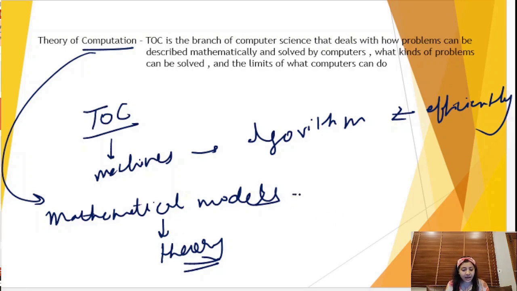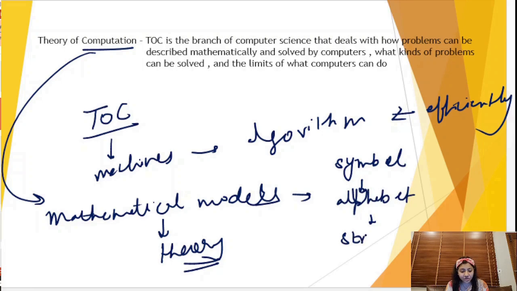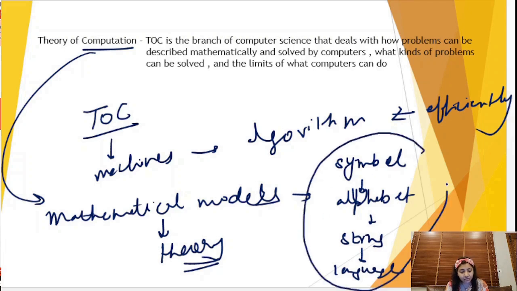So in TOC we have basic building blocks on which the entire subject is based. The first is symbol, the second is alphabet, the third is string, and the fourth is language. These are the basic structural foundation of the TOC subject, right?